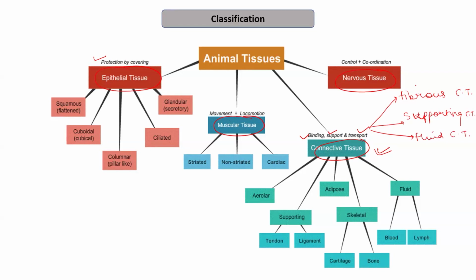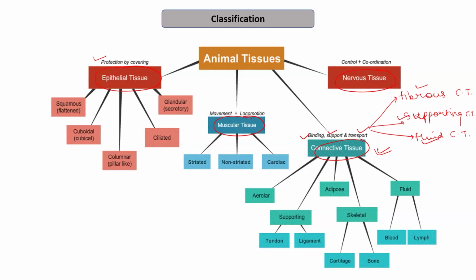So we have fibrous connective tissue, supporting connective tissue, and fluid connective tissue. We will learn the basic characteristics of all these connective tissues, how they differ from each other, and what the composition of each one of them is.